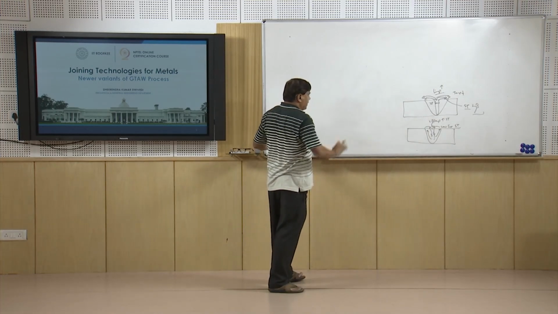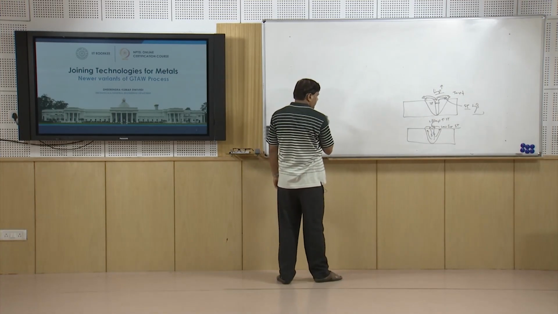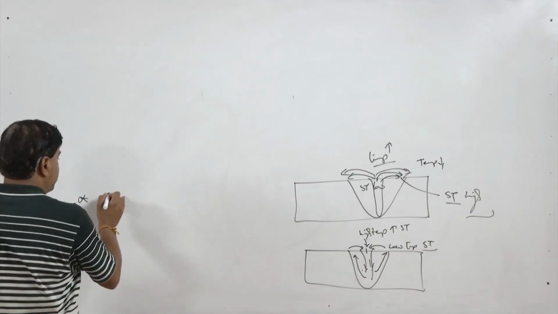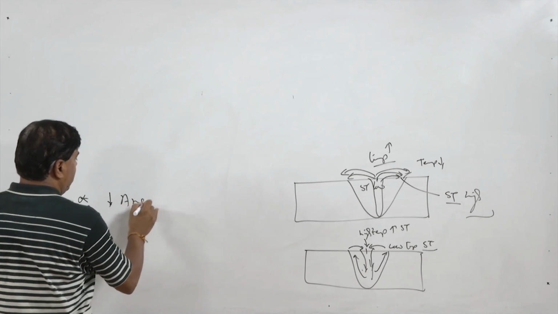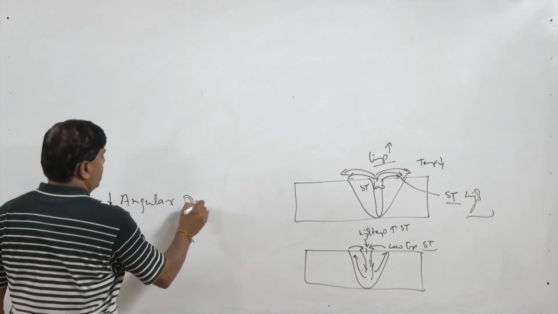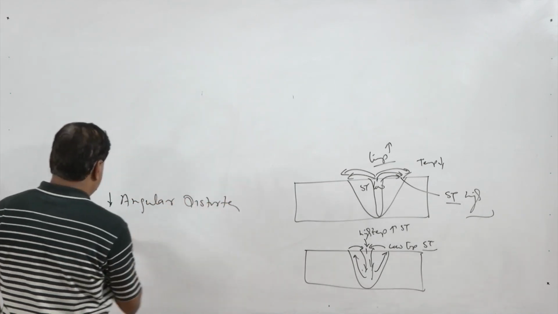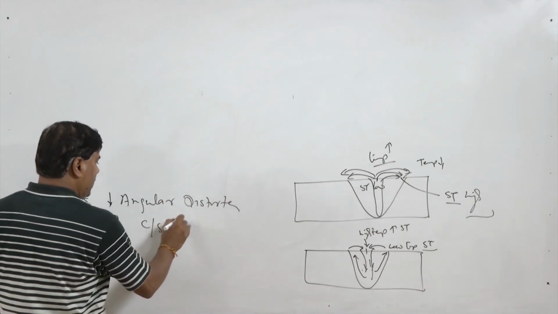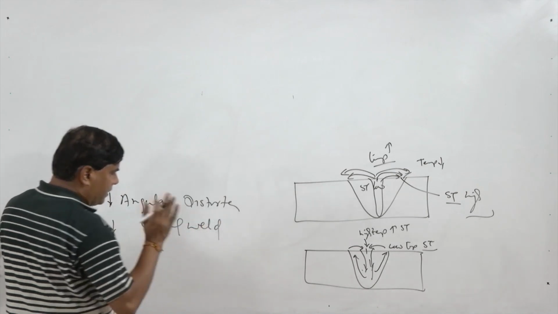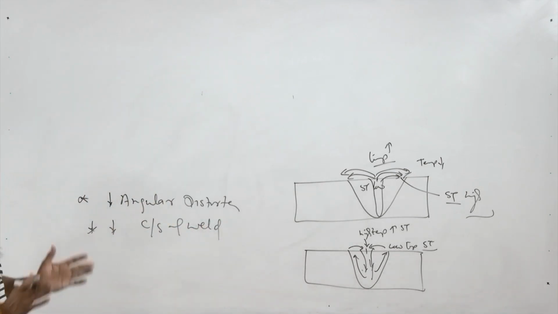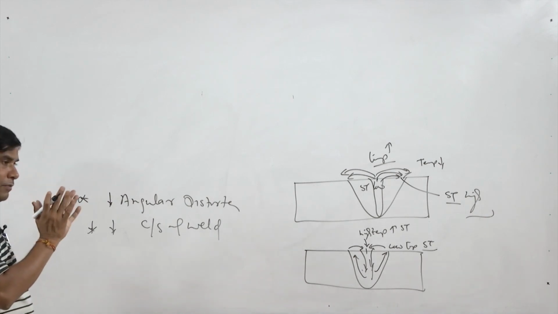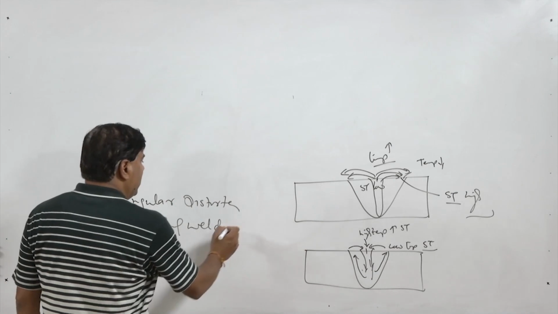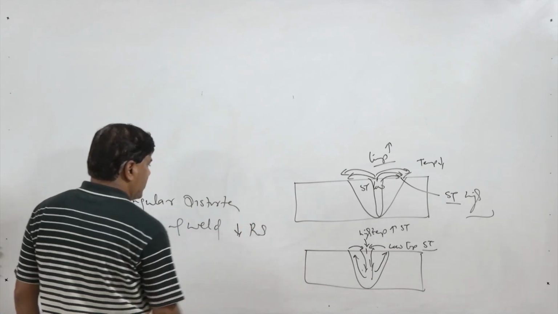Because the nature of this process is such that the depth is increased and width is reduced, this helps in reducing the angular distortion. This is one. It reduces the cross sectional area of the weld, which in turn reduces the volume of the weld metal that will be shrinking, and a reduction in volume of the weld metal will reduce the residual stress magnitude.